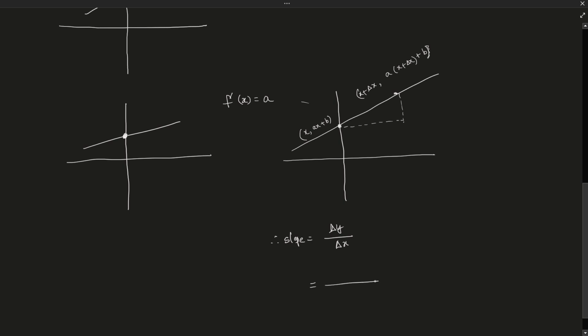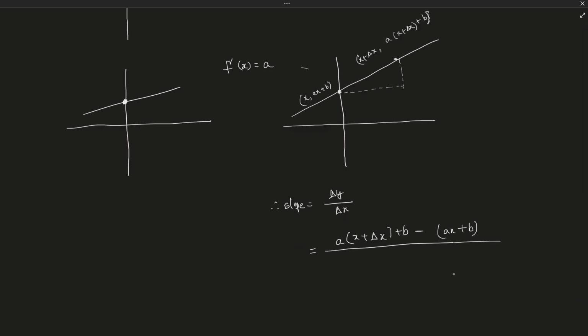So it's a of x plus del x plus b minus ax plus b, basically x1 minus x naught, that we have previously seen, and below will be del x.